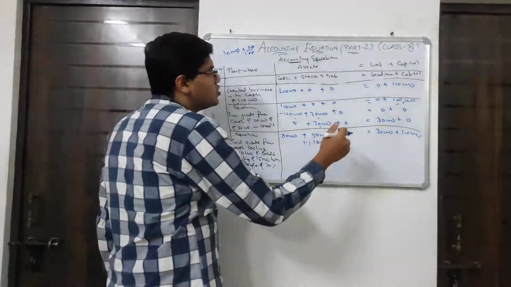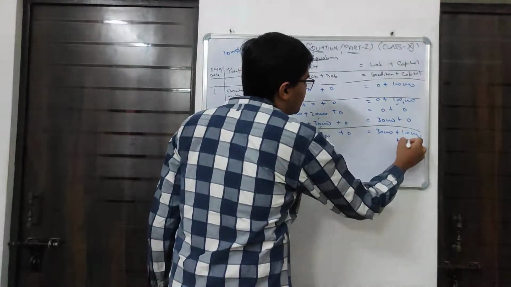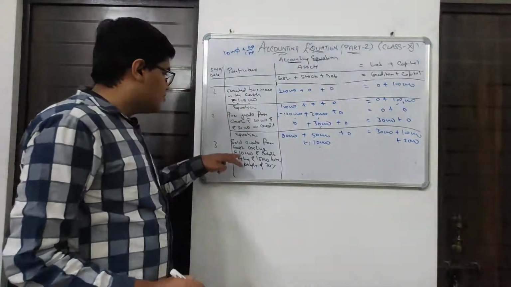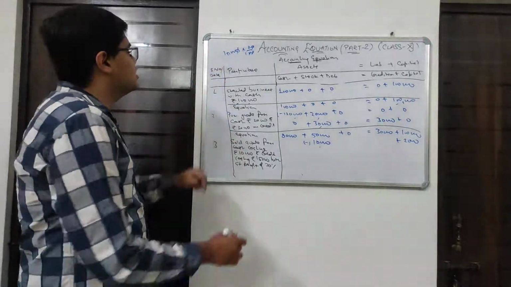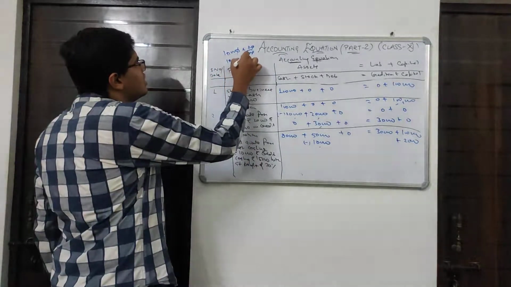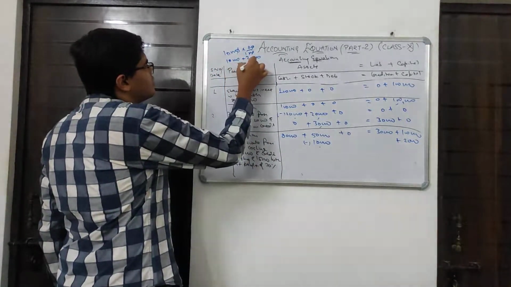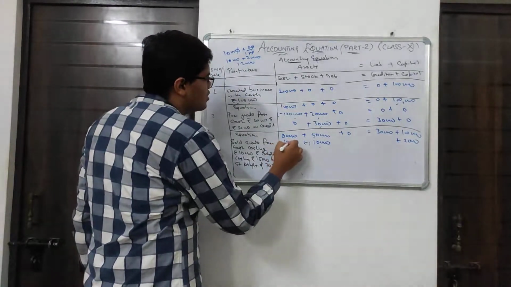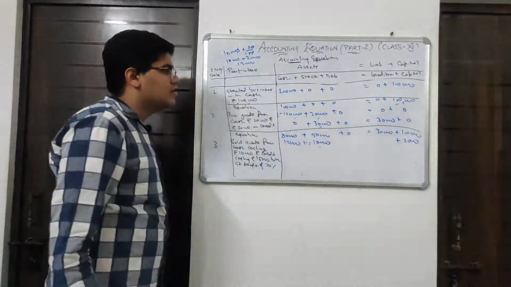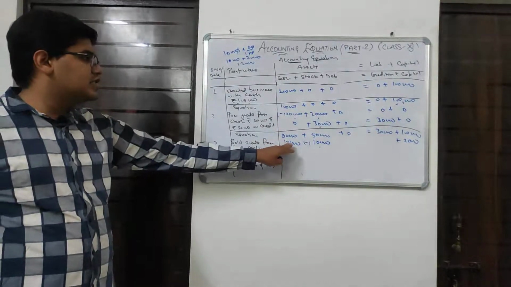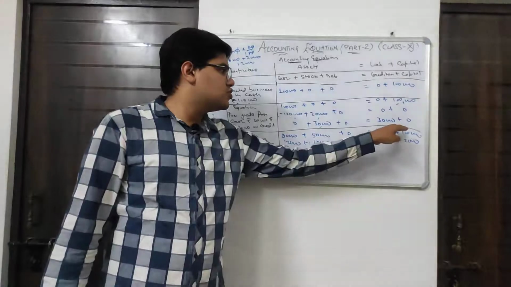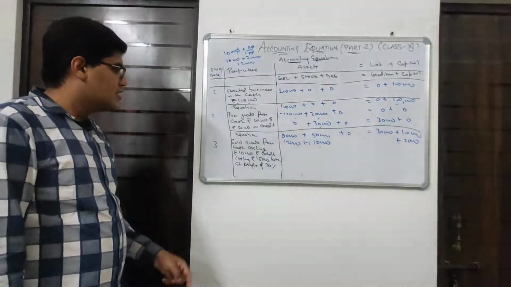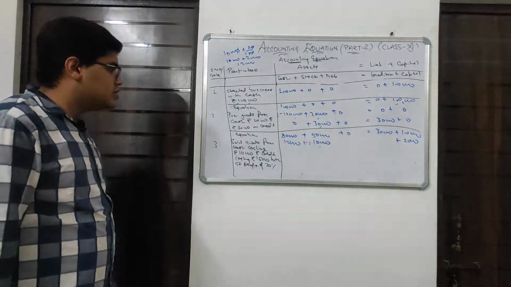So 2,000 will be shown in the capital as it is in the form of profit, and the total cash that comes into the business is 10,000 plus 2,000, that is equal to 12,000. So 12,000 will be added over here. Since it has a dual effect, we are showing 2,000 profit here. Now same goes for credit also.